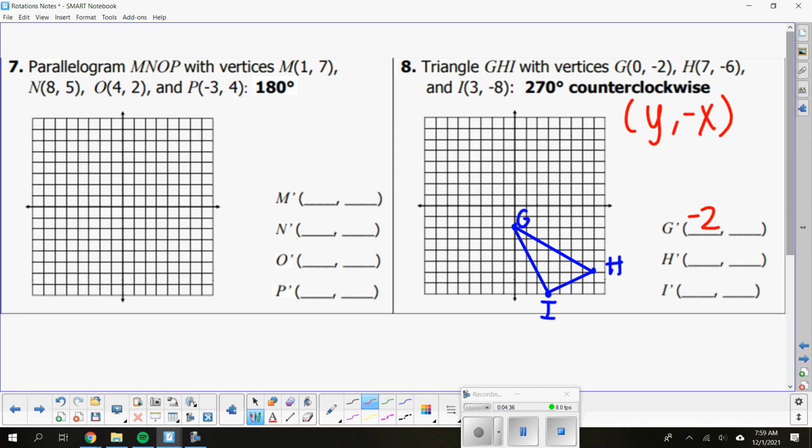So I'm going to go ahead and flip their positions. And then I want to change the sign of my x value. 0 is negative, 7 needs to become negative, and 3 needs to become negative. And then we're going to plot those new points, make sure you label with prime symbols. And then connect your dots.